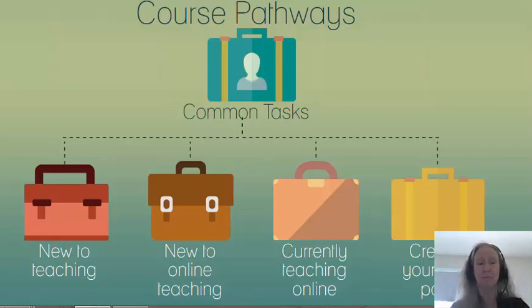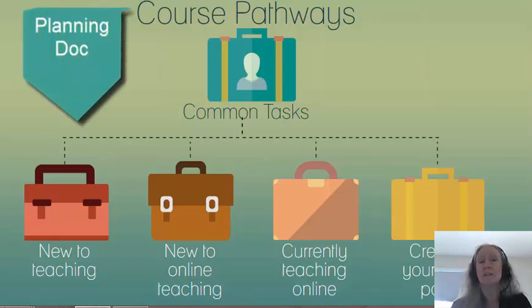ready for fall. So everyone will begin with completing several common tasks, and then you will branch out to choose one of 4 pathways. So let's spend a little bit of time looking at these common tasks. The first task will be to design a Google Doc training plan.